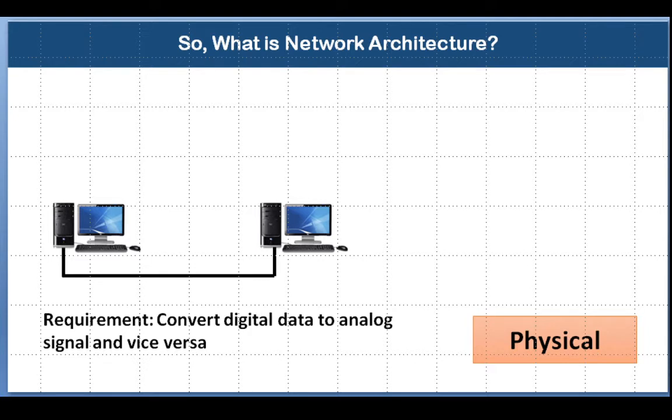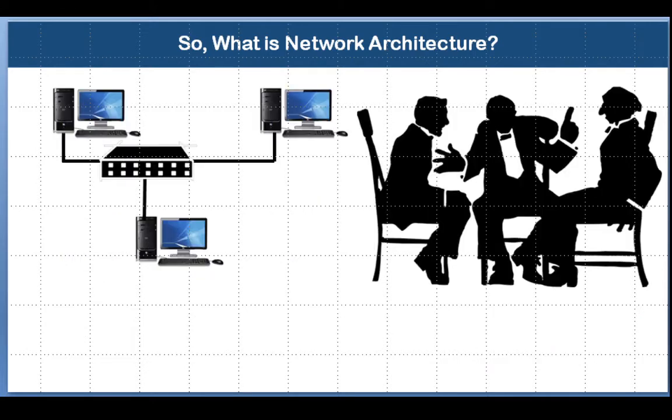So we want to convert the digital data to an analog signal or an analog signal to digital, and vice versa. So the requirement of the physical medium is that we have to understand how analog is converted to digital and how digital is converted to analog. So this is the basic functionality when we are simply using the wired connection.